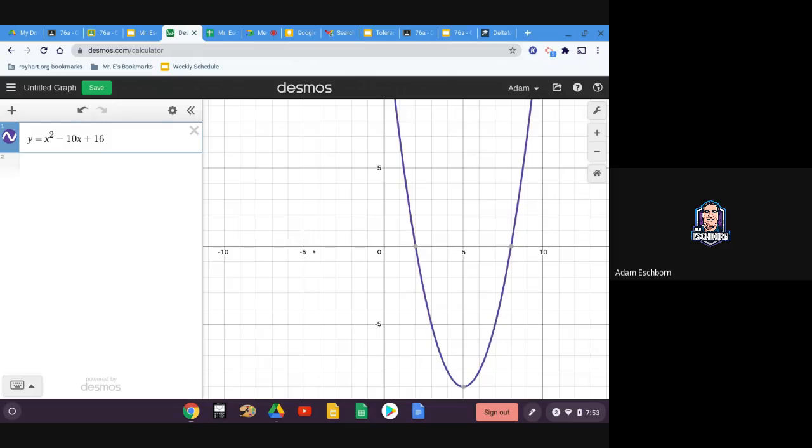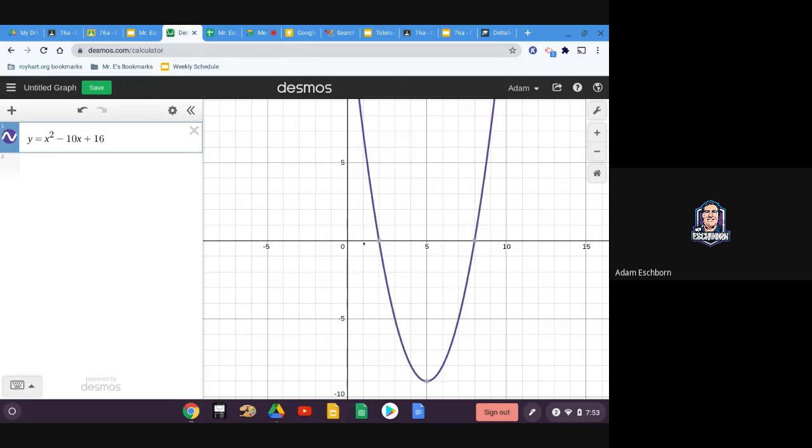So remember, the roots are the points where it hits the x-axis. So right there, we have 2 of our points already. The vertex is right there. So that's 3 of the points we need. We just need 2 more points.